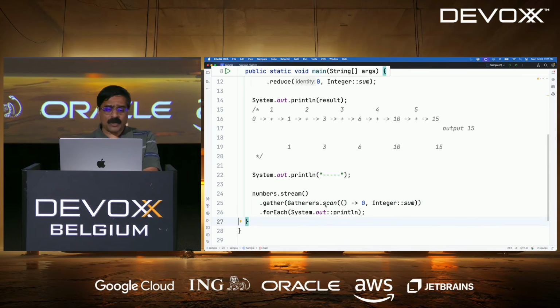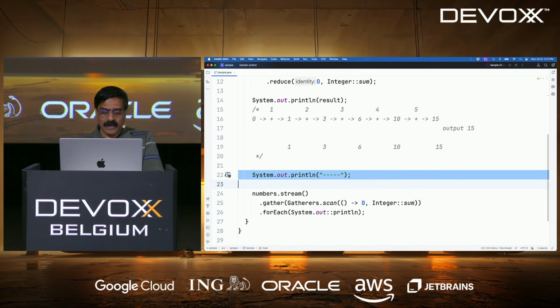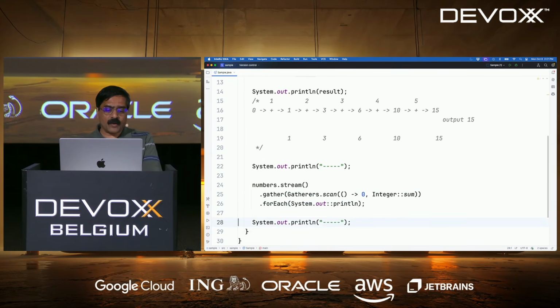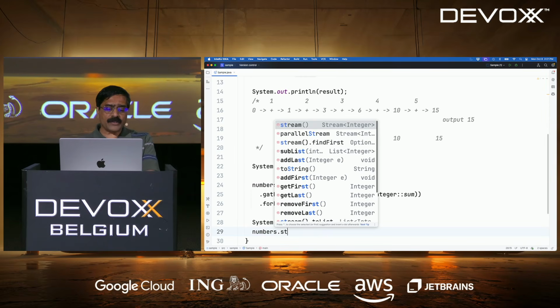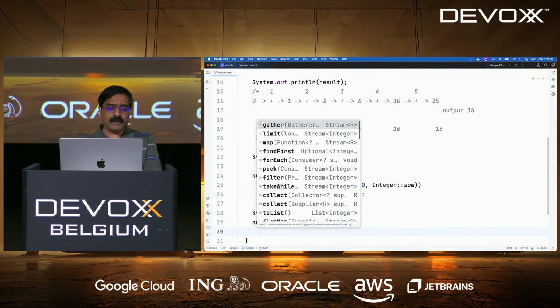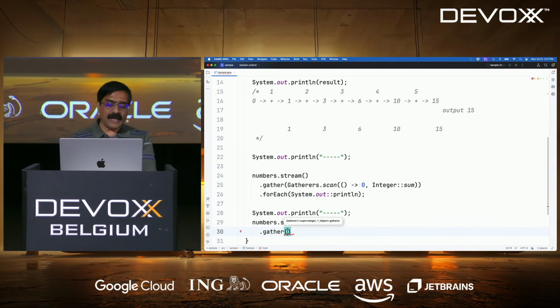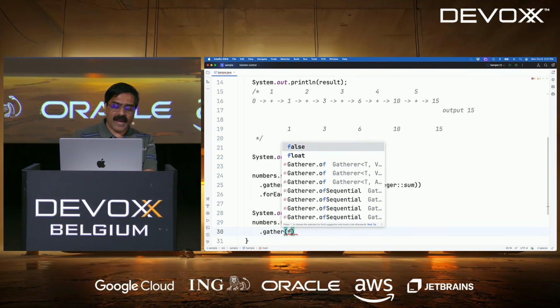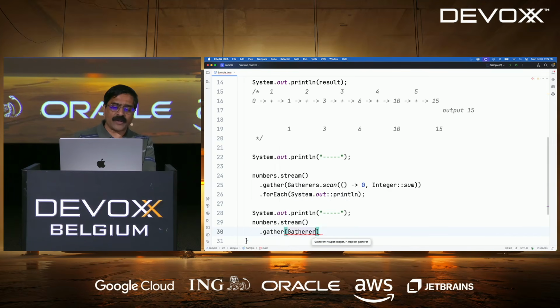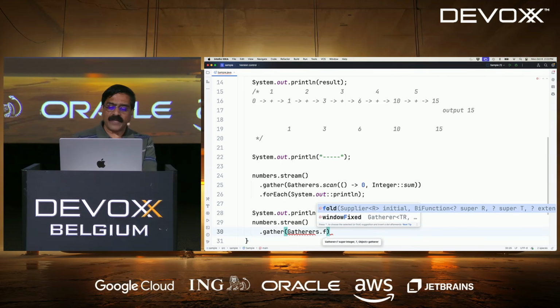Well, similarly, just as an example here, let's go back to the same collection, numbers.stream, and then I'm going to say gather. And in this case, you can say a fold. So Gatherers.fold, and you can bring the fold function right there.